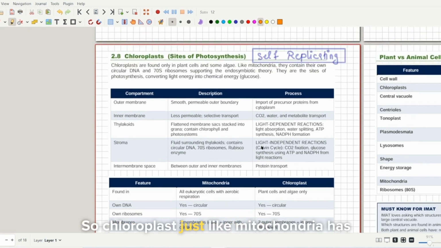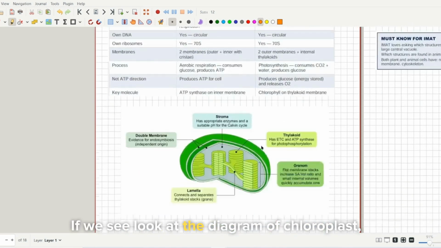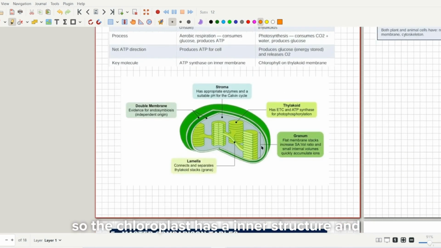Chloroplast, just like mitochondria, has an outer and inner membrane, and it has an intermembranous space that is present between the outer and inner membrane, and it has thylakoids and stroma too. If we look at the diagram of chloroplast, the chloroplast has an inner compartment that is called the stroma, and then you have an intermembranous space between the outer and inner membrane.